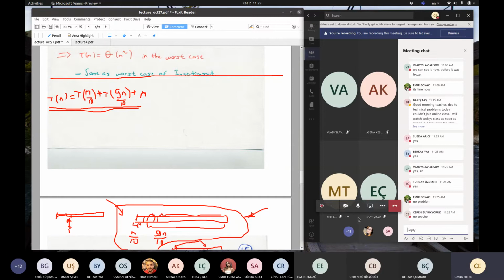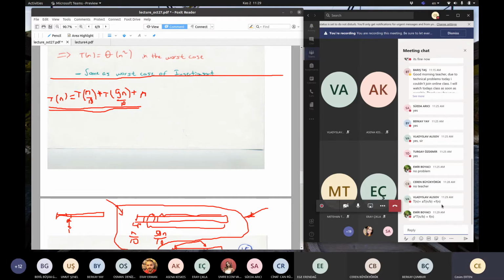What should be the format of the recurrence T of n so that we can apply the master theorem? In what cases can we apply the master theorem to quickly find the theta bound of a given T of n? So nobody remembers it?